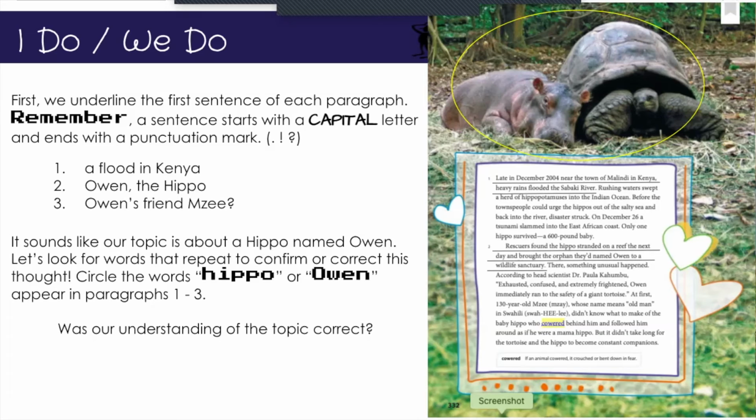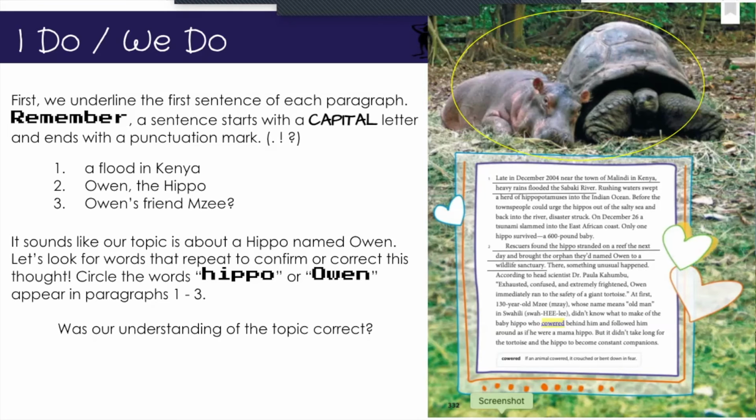I also know that baby hippos and tortoises normally don't go together. But Owen the hippo cowered behind the giant tortoise and followed him around as if he were the mama hippo. I also know that Owen the hippo became companions with the tortoise after not too long.